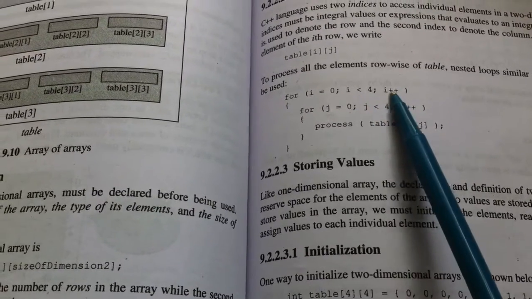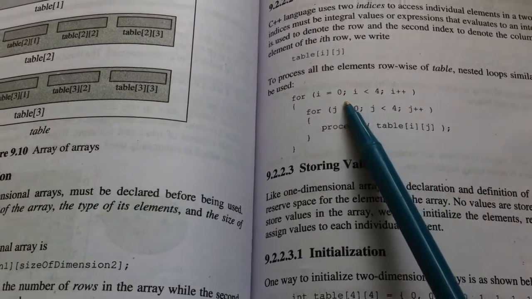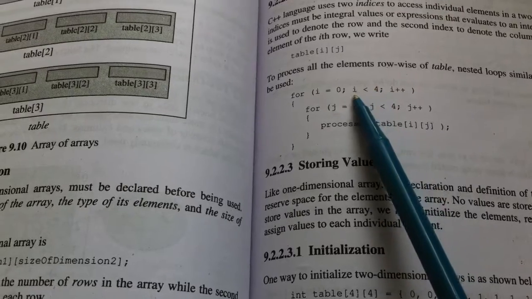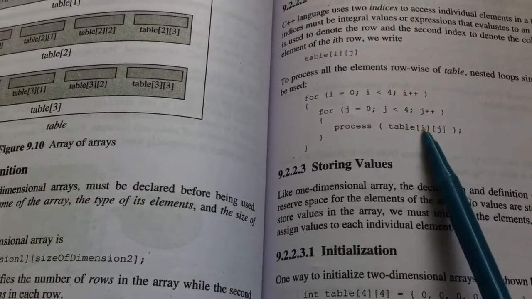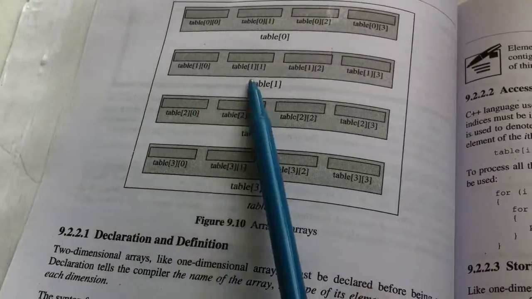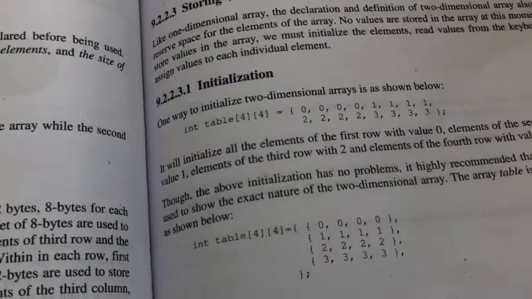I is incremented by 1 and checks that it is less than 4. That's true, then i is 1, comes back here, 1 0, then 1 1. This is how the second dimension starts.